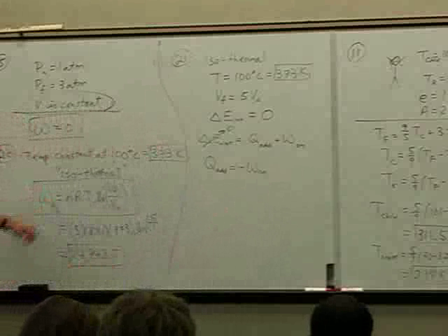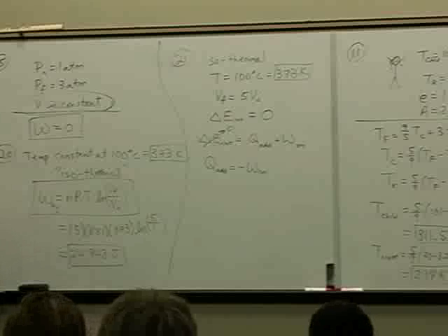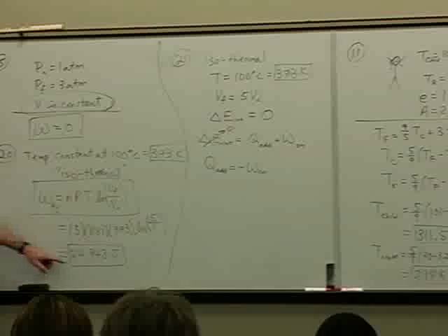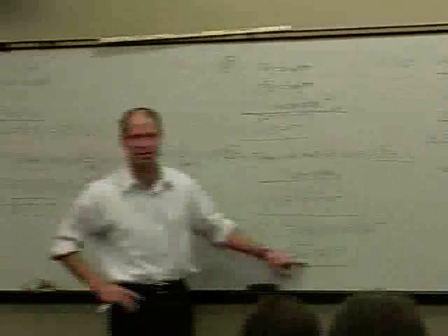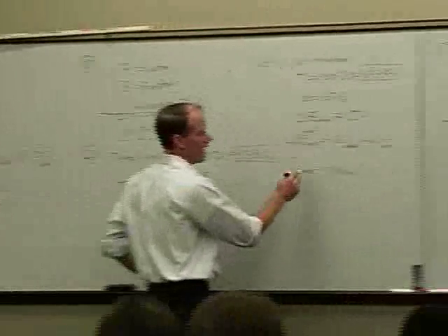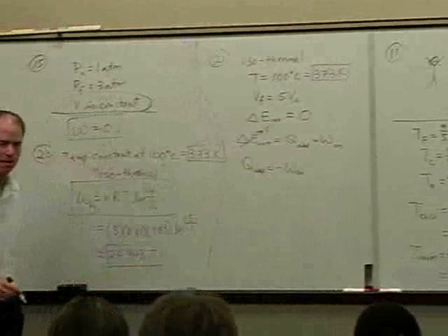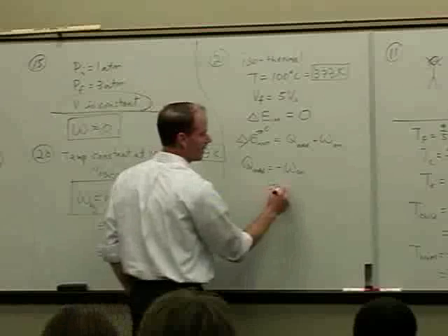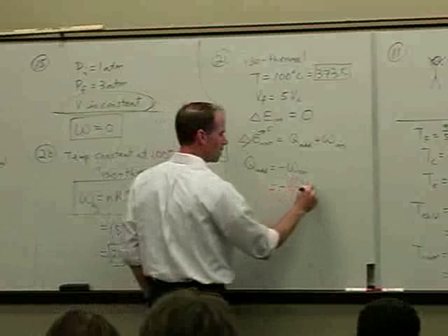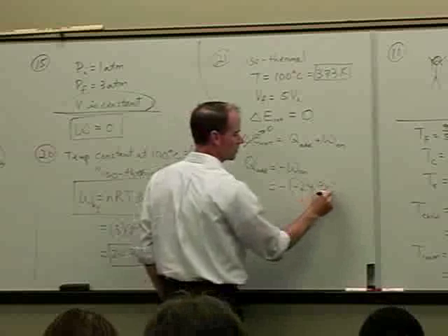On the previous problem, we calculated at 100 degrees Celsius for a gas expanding to 5 times its initial volume that the work done by the gas was 24,943 joules. The heat added to that system will equal the negative work done on the system, which would be negative 24,943 joules.